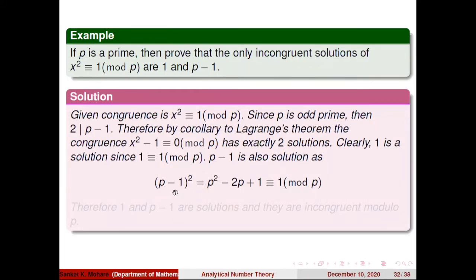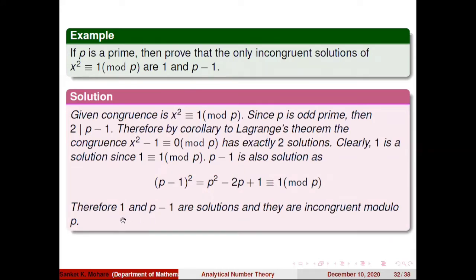So as p minus 1 satisfies this quadratic congruence x squared congruent to 1 modulo p, therefore p minus 1 is also a solution of this congruence. Hence we proved 1 and p minus 1 are solutions, and they are incongruent modulo p. Incongruent means 1 and p minus 1 are not congruent to each other.